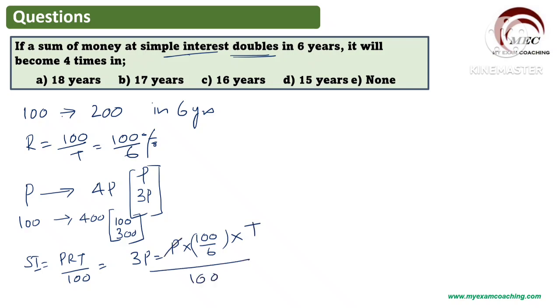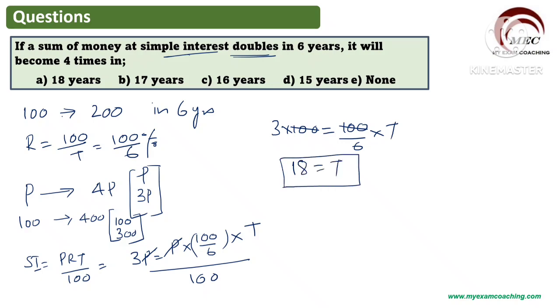Cut this P and this P, and cross multiplying, you will get 3 into 100 is equal to 100 by 6 into T. This 100 and this 100 you can cut. So cross multiply: 3 into 6, 18, is equal to T. So we got time is equal to 18 years.